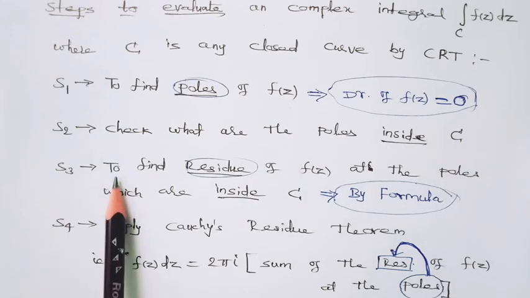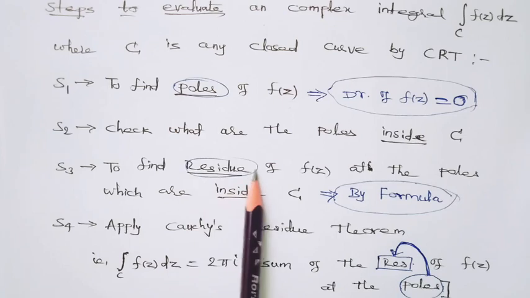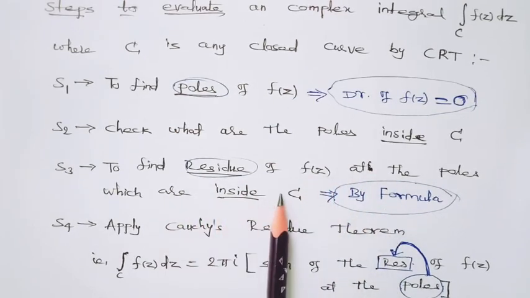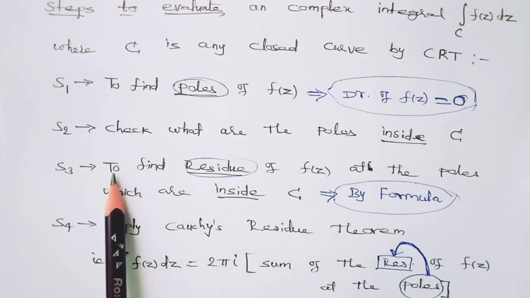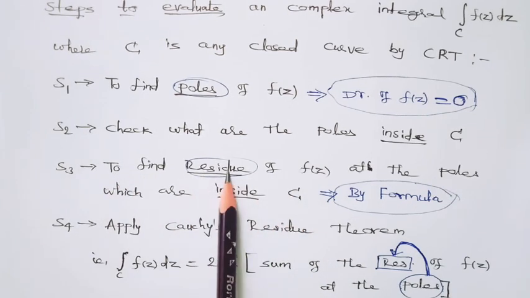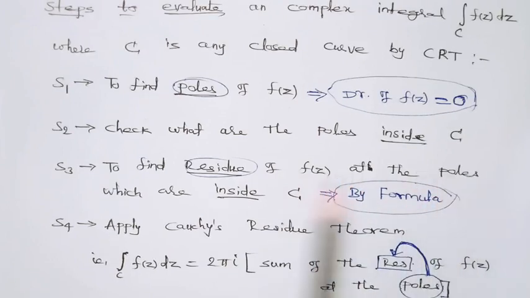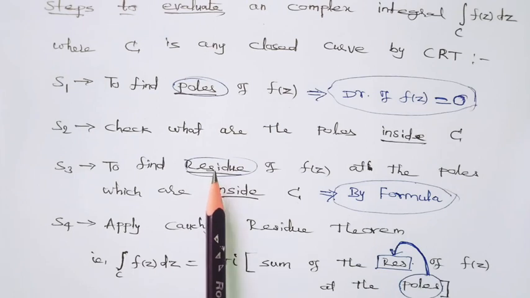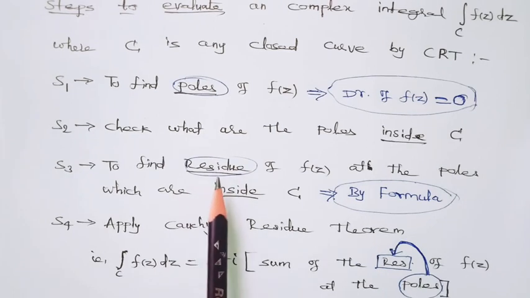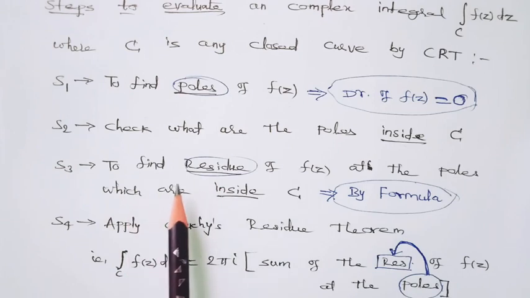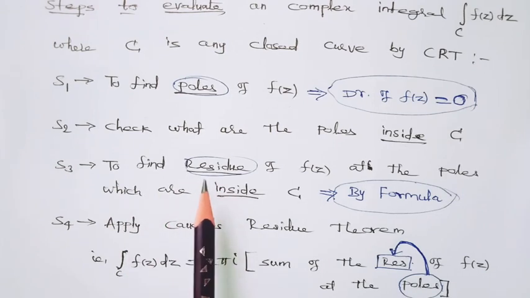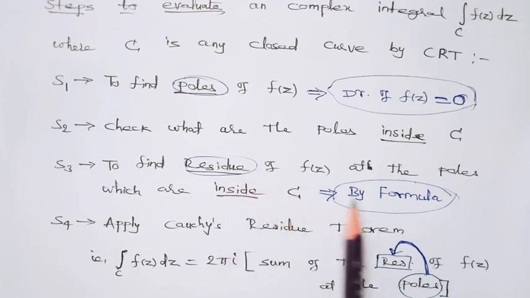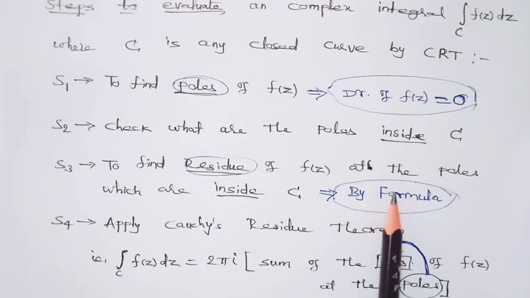Step number 3: find the residue of f of z at the poles which lie inside C. You need to find residues only for poles inside C. Sometimes you may get poles which lie outside, and for those poles you don't need to find the residue. How to find the residue? By using a formula, which I'll explain later.